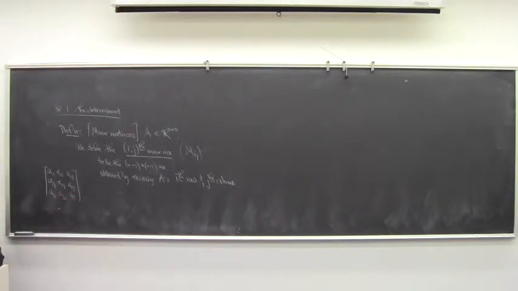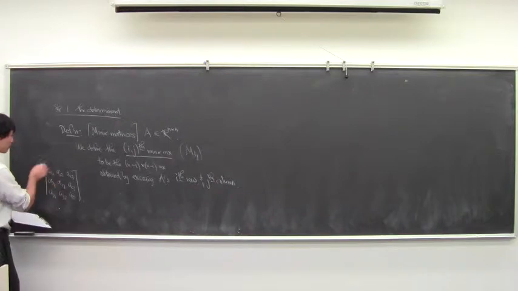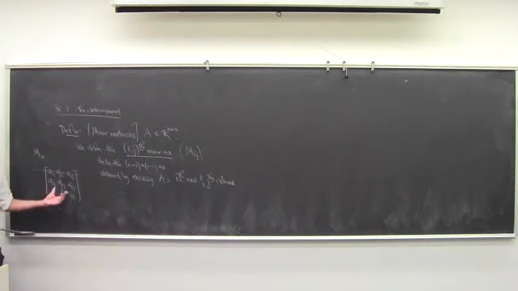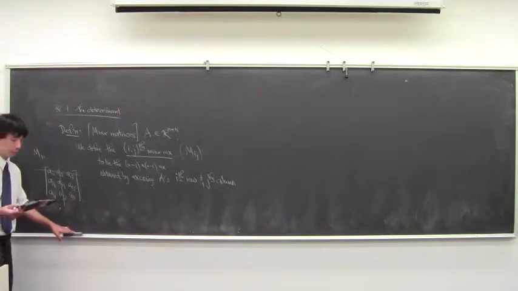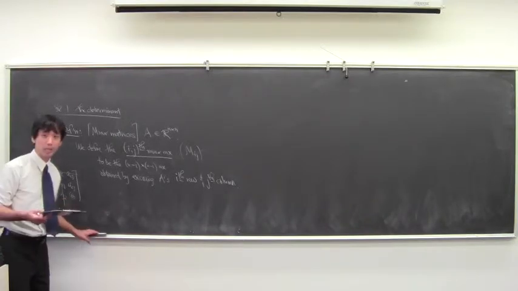If I write M12, I mean that you excise the first row and the second column, and you end up with a 2 by 2 matrix. A square matrix of size 1 less than the previous one. So that's what's called a minor matrix.